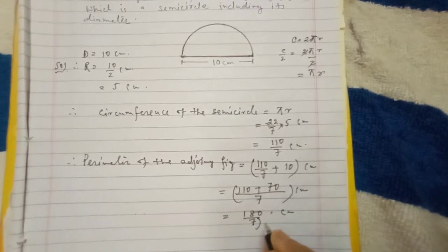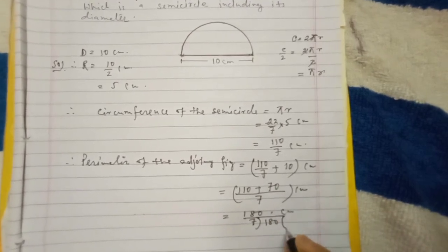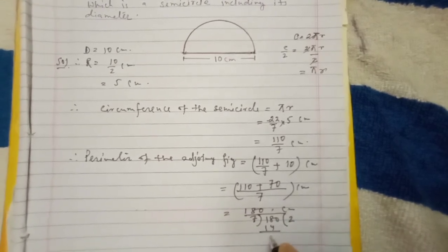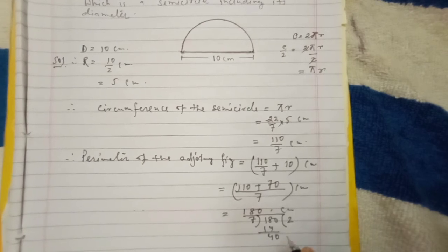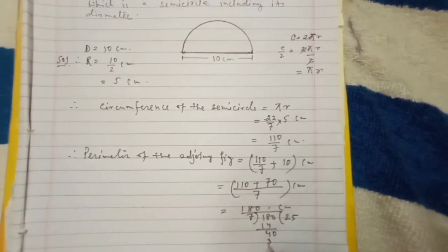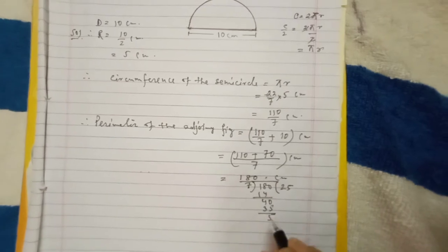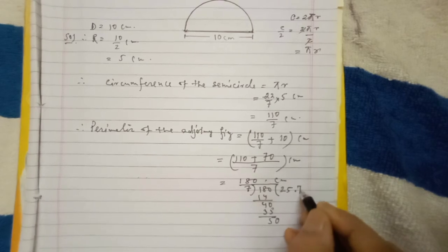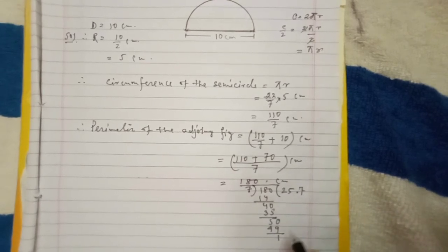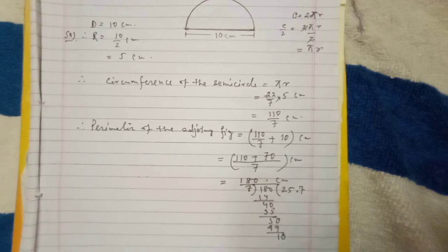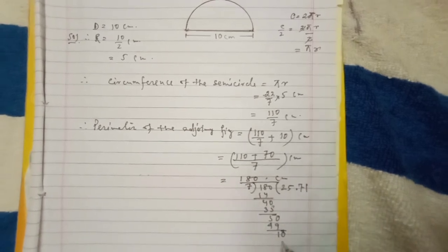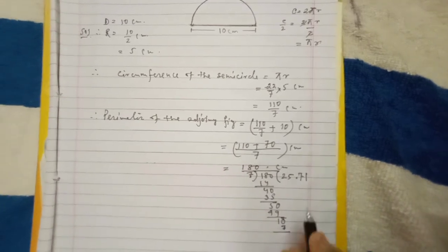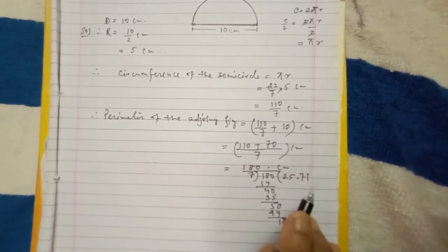If you divide this 180 by 7 centimeter, then 7 twos are 14, 4, 0. 7 fives are 35, 5. You can't divide, so take a point. 0, 7 sevens are 49, 1. For that you can take 0 again. 7 ones are 7. In this way it will not complete, it will continue. So leave it here. After the decimal, 2 places is enough.